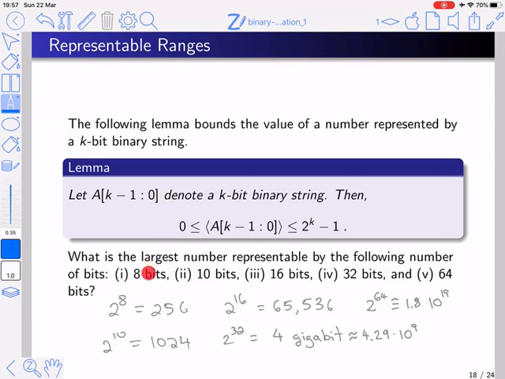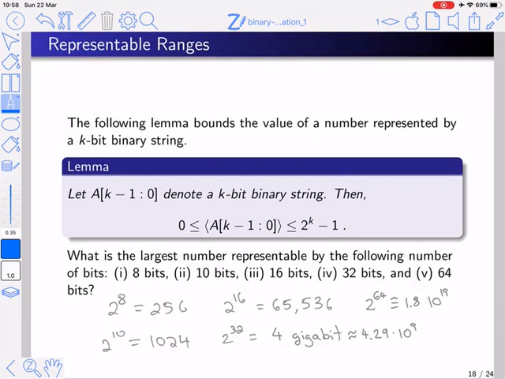Before we prove this lemma, let's try to see what is the largest number that you can represent using 8 bits. Well, if you have 8 bits, k becomes 8. 2 to the 8 is 256. So you could represent numbers from 0 to 255. If k were 10, then 2 to the 10 is 1024.